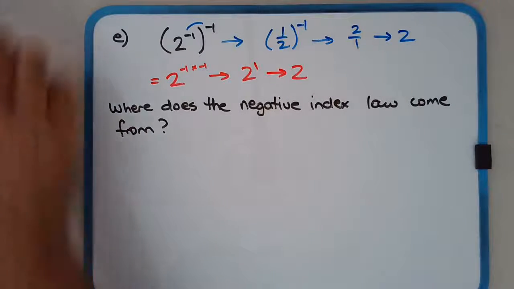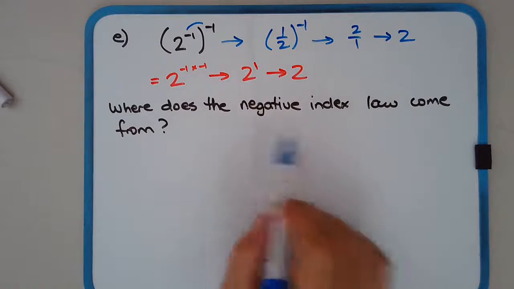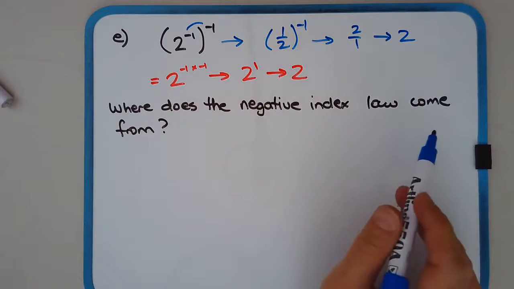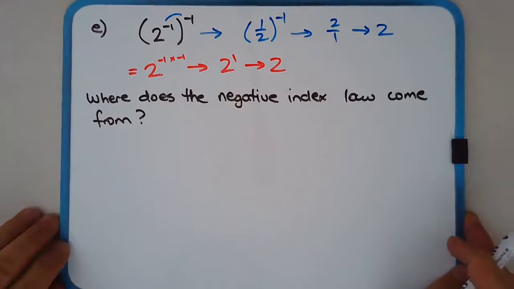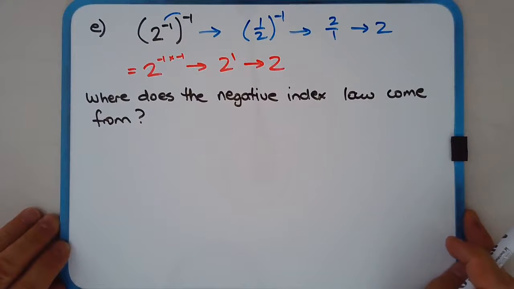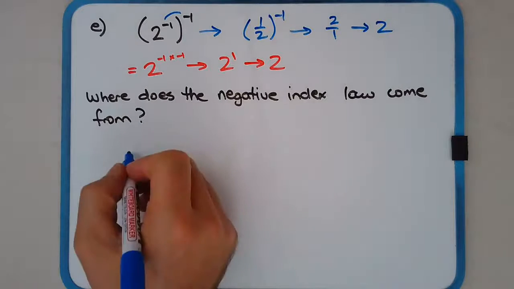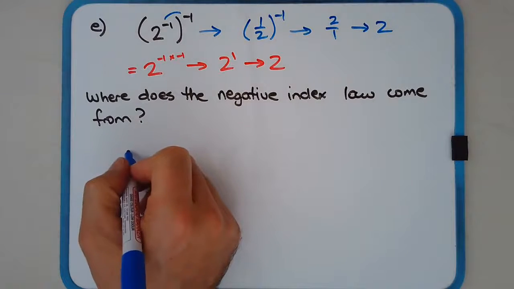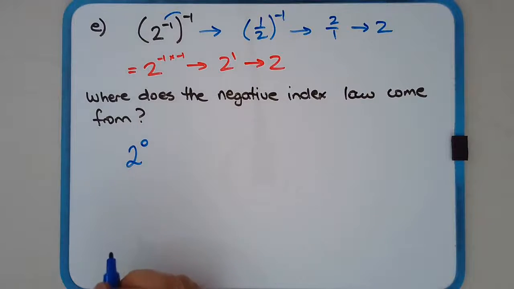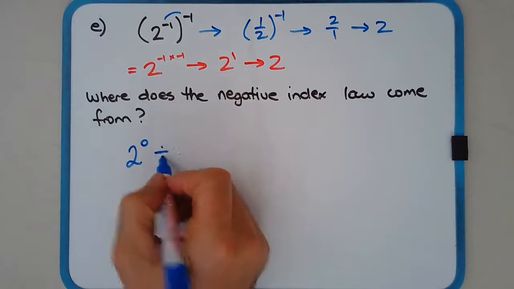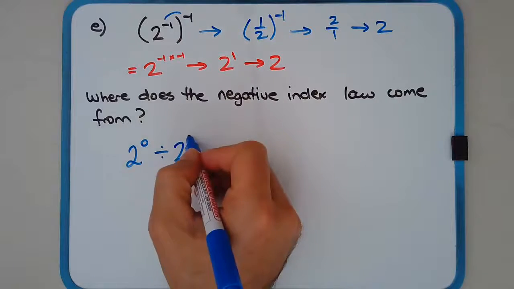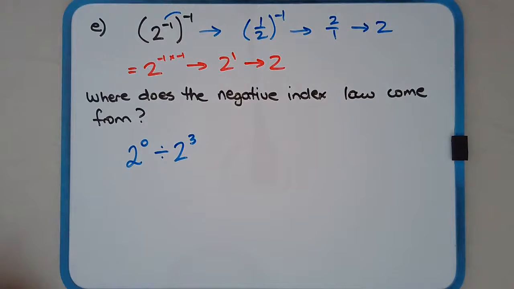Now, last question: where does the negative index law come from? Okay, and we'll look at a particular example, maybe one example using numbers instead of pronumerals. Let's say, for example, we had 2 to the power of 0 divided by, say, 2 to the power of 3. Let's say that for argument's sake as an example.